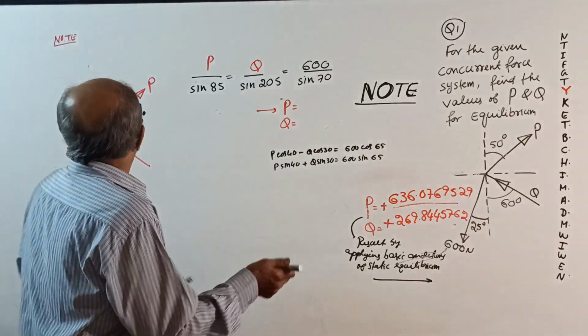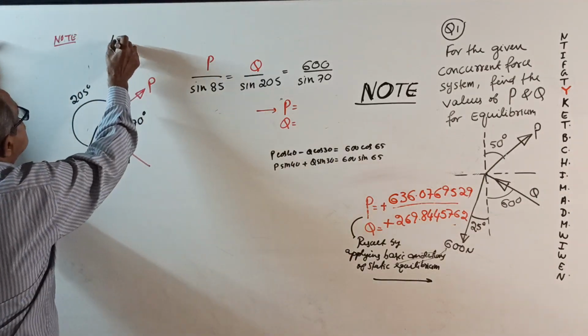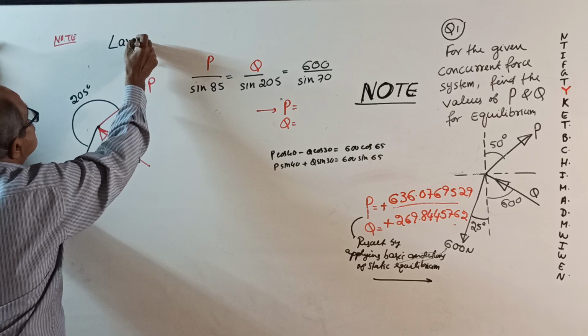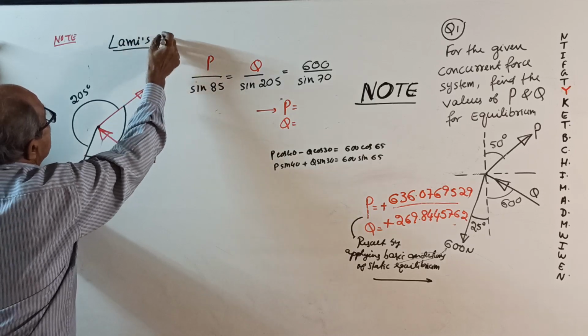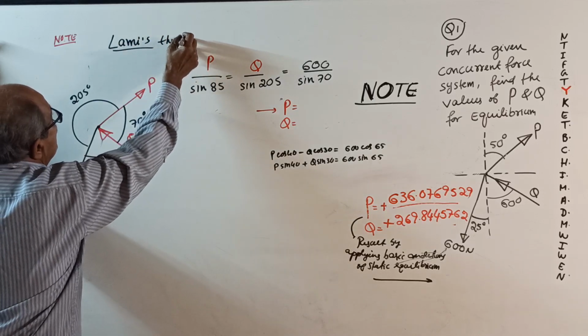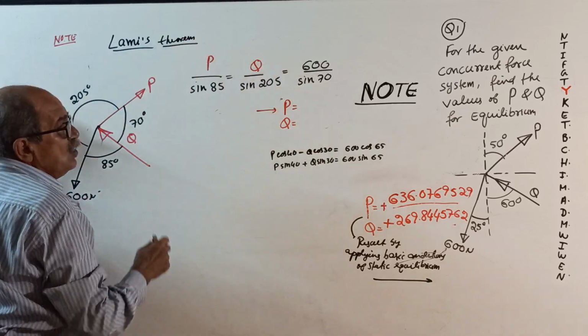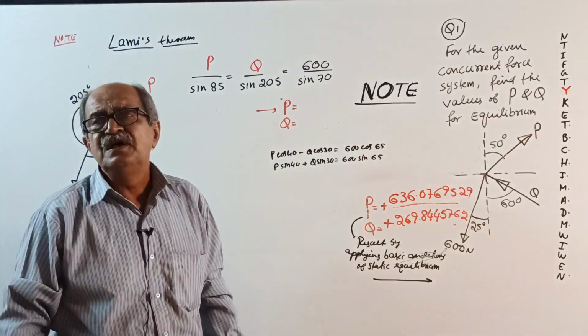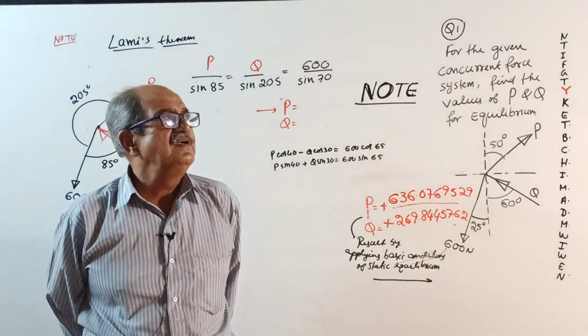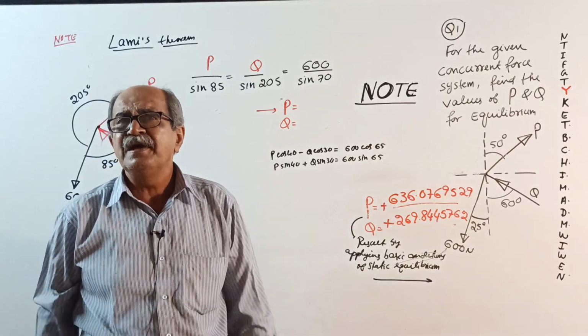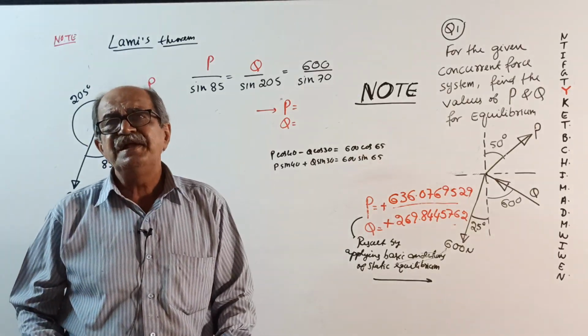You write here, that is called Lami's theorem. A little later it will come in order. First I will do the law of triangle of forces and the law of polygon of forces, then I will go to Lami's theorem. It will be covered in the class. So right now it is not required.